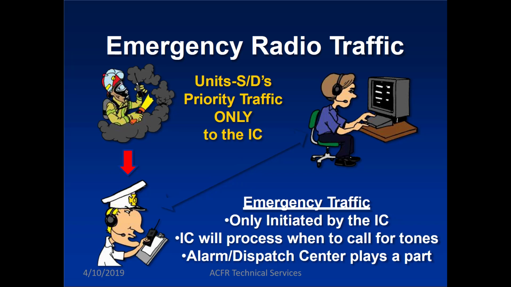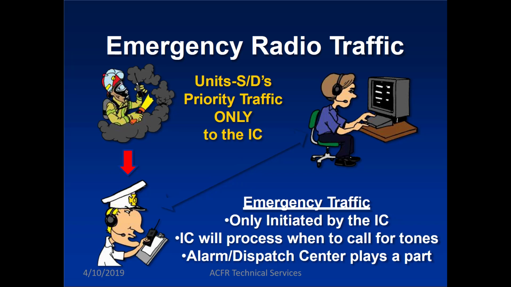When emergency traffic's needed, the IC will let dispatch know they need emergency traffic. They'll process tones out for everybody to hear and announce that there's emergency traffic on this so-and-so channel. And then the alarm dispatch center plays a critical part. In emergency radio traffic, when we do this, it will be maintained until the IC clears that.